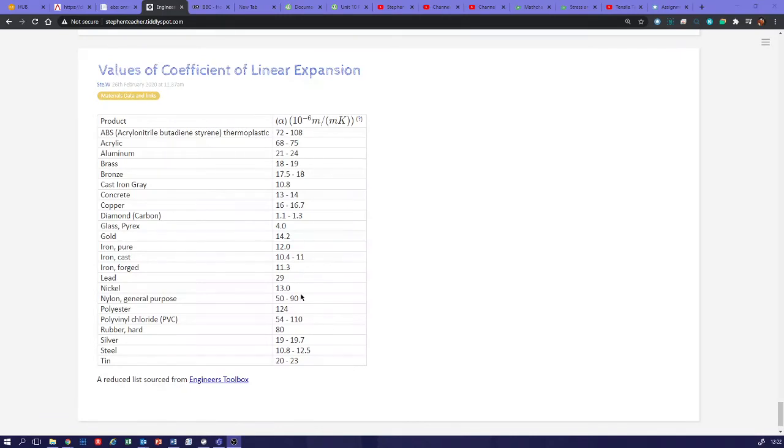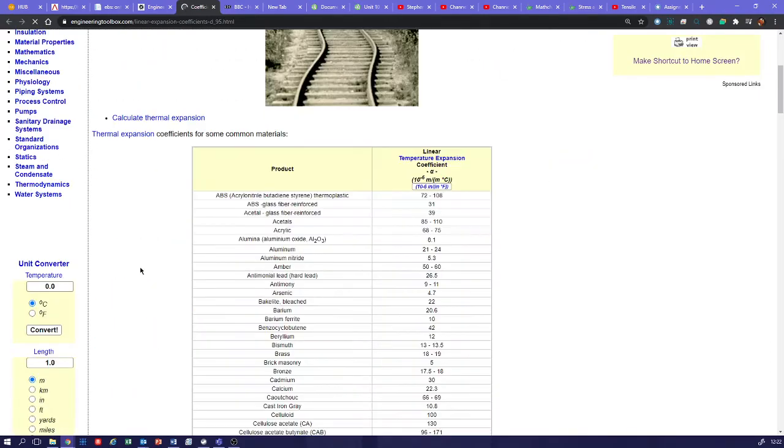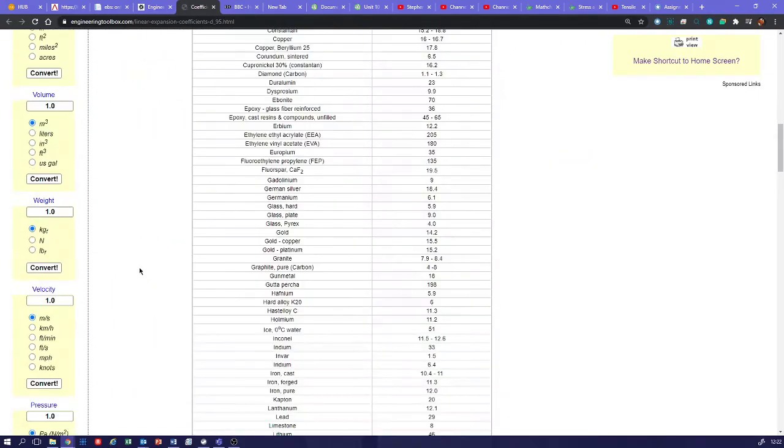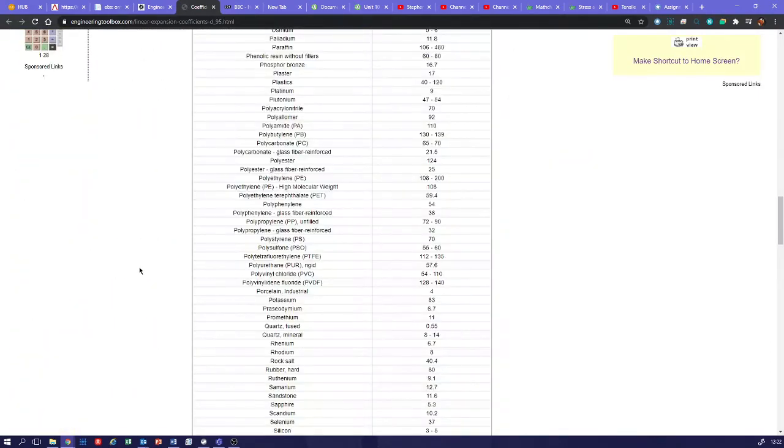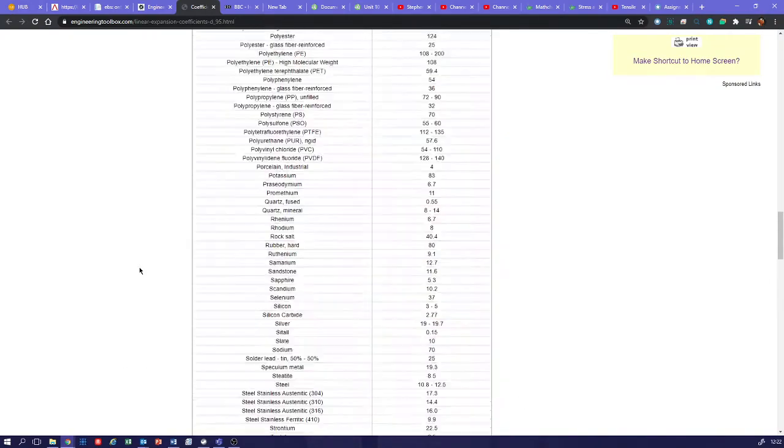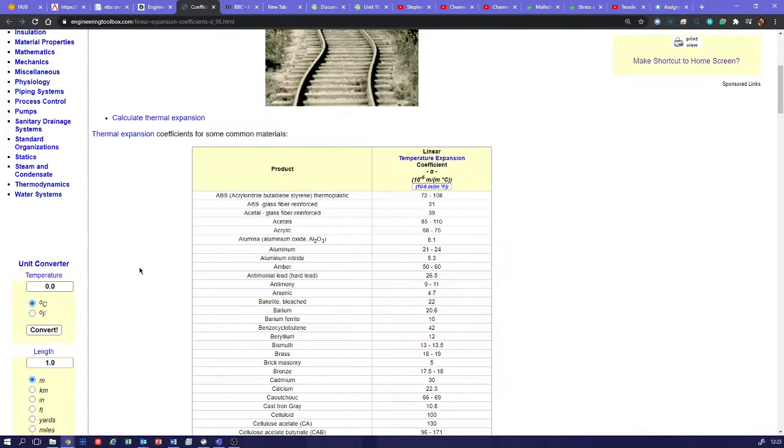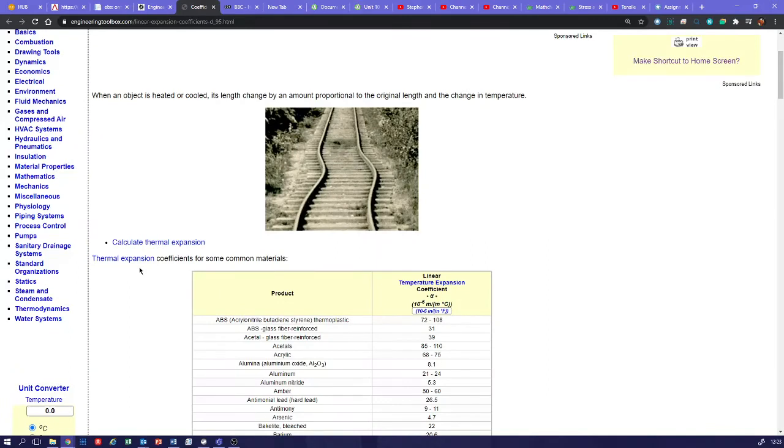This is a cut down version that I've put together, taken from the Engineer's Toolbox, which has a much more comprehensive list. You can also find it in engineering books in your library, and other web resources are available. There we can see expansion of a railway track causing some buckling.